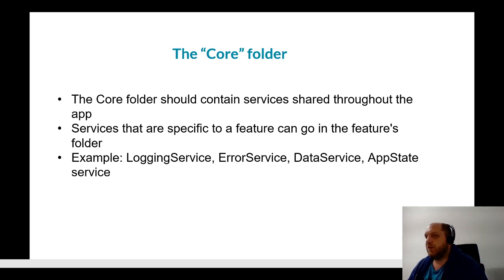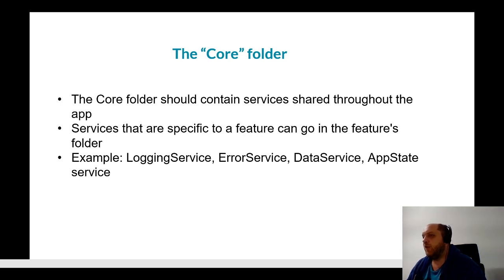And the core folder is very important because it usually contains services that are shared throughout the entire application. And the same applies also for Blazor in our case. So we will have a core folder, and in that core folder, we would put all the services that we need throughout the application, or mostly, throughout most of the application.